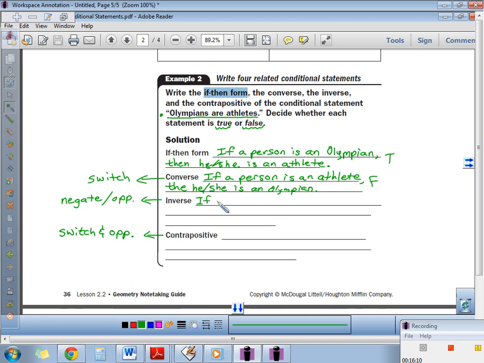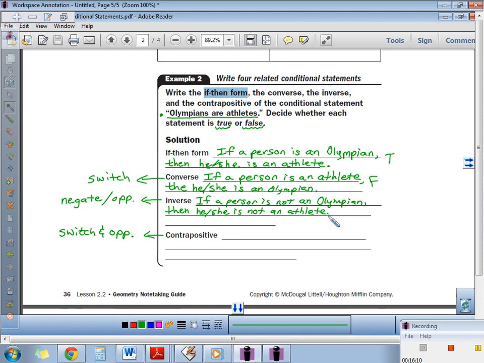So if a person is not an Olympian, now we got to negate the second part. Then he or she is not an athlete. Very good.